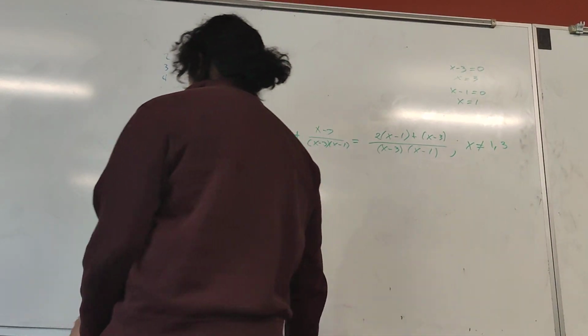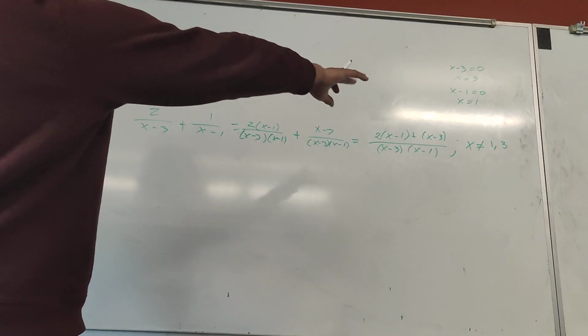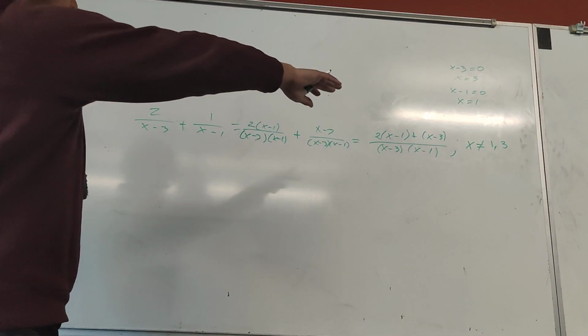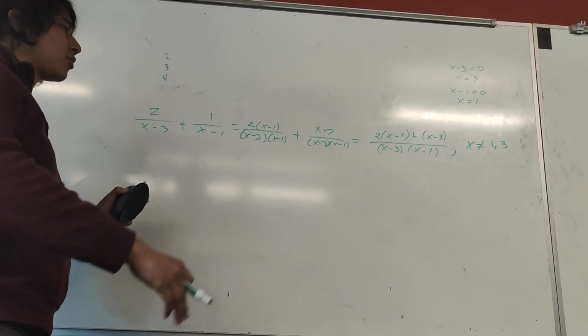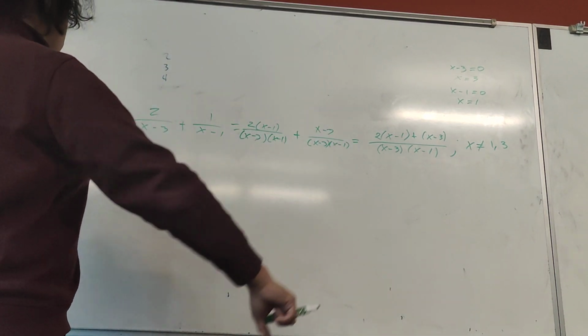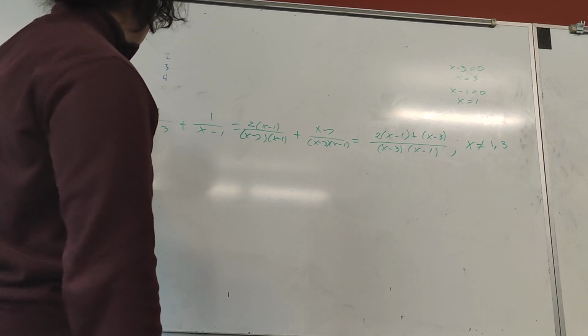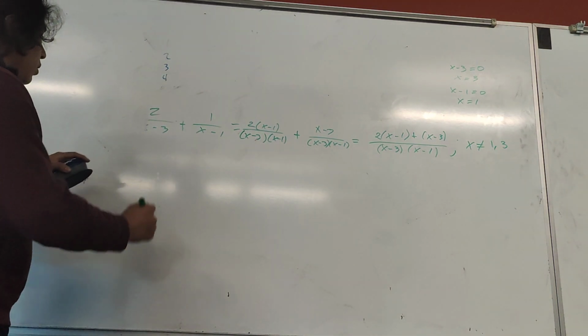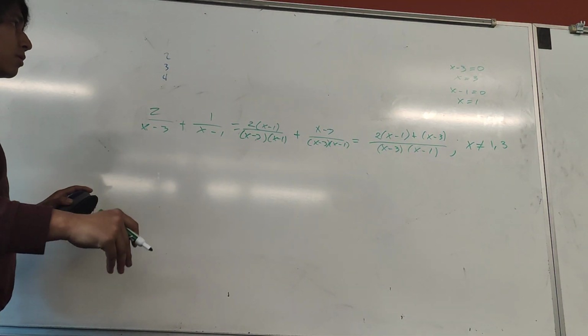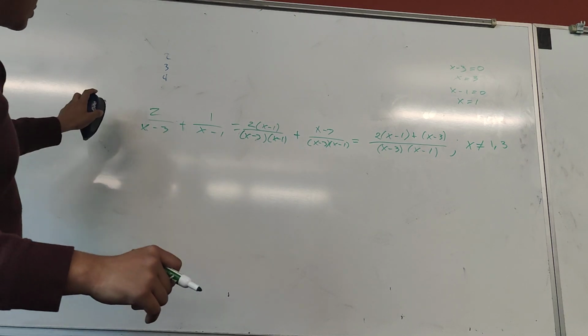The denominator doesn't change. So your extraneous solutions cannot be equal. Not extraneous, your indeterminate solutions cannot be equal to that. Cannot be equal to x. I'll leave it here for 2 more seconds. Start erasing.